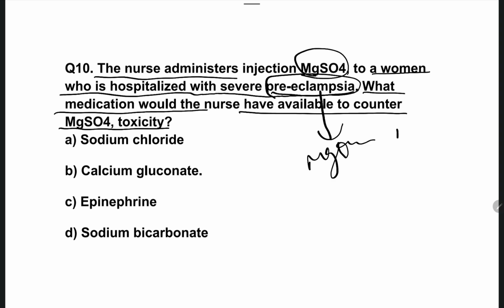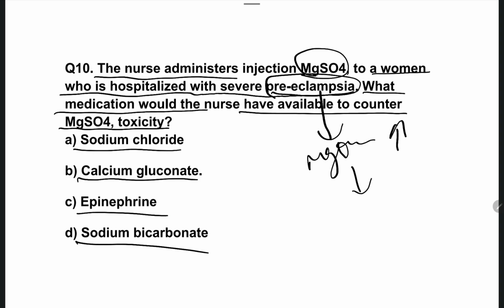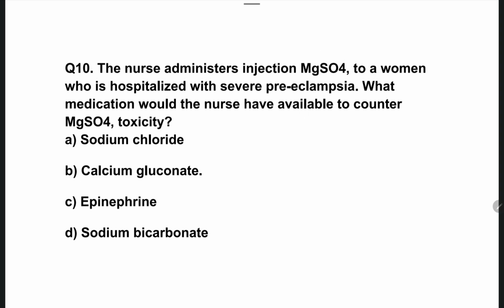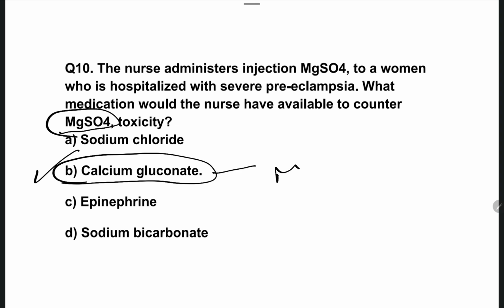So if the toxicity increases, what is the antidote for MgSO4? Options are sodium chloride, calcium gluconate, epinephrine, sodium bicarbonate. The right one is option B, calcium gluconate. So calcium gluconate is the antidote for MgSO4.